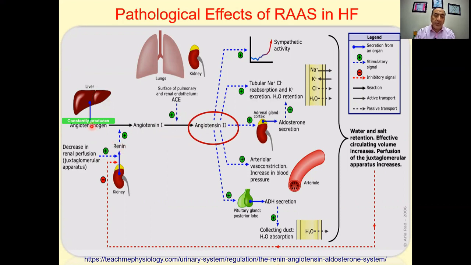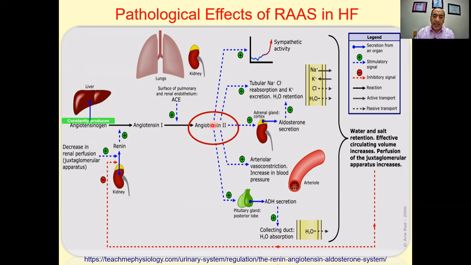This will convert angiotensinogen produced by the liver into angiotensin 1, and through ACE produced by lung and renal endothelium, it will be converted into angiotensin 2.